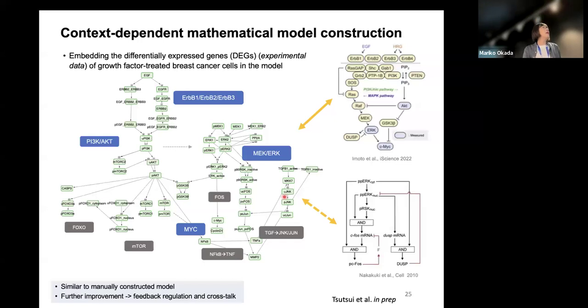Now we want to go for an executable model from those things, but we also want to make sure that the network structure of this data-driven model is feasible relative to the already known biological network structure and so on. And we need to work a little bit more.